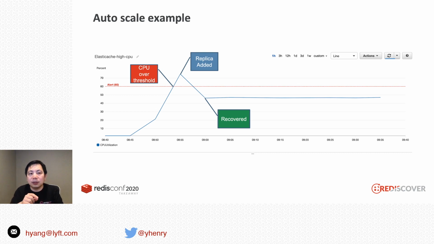However, you might notice that after the replica is added, we don't recover immediately. There is a small slope from when the replica is added to when we're fully recovered. That is because the new replicas are only picked up gradually with the periodic topology refresh that we have. So we have to tune this very carefully so that we can respond in time.